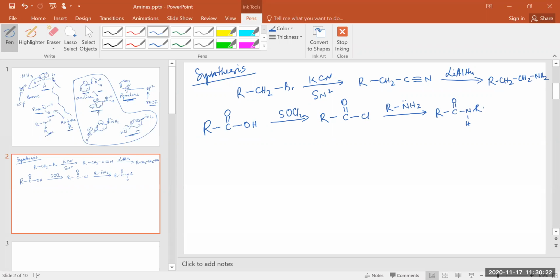Again, on reaction with lithium aluminum hydride, amides are reduced to amines. So these reactions, you know, we have discussed before.